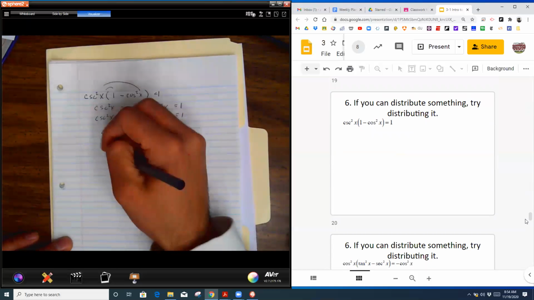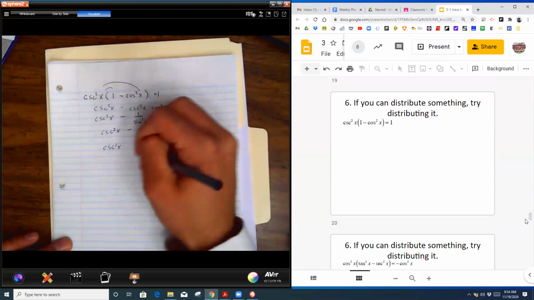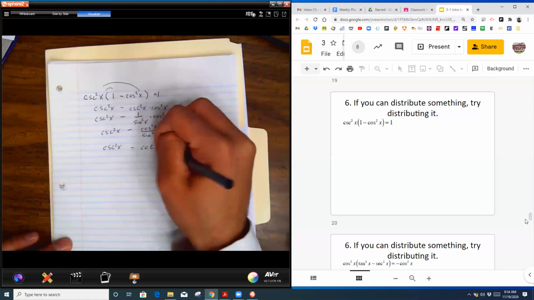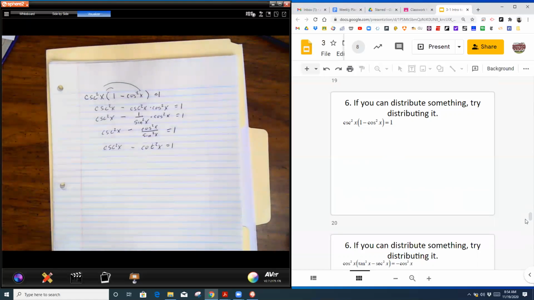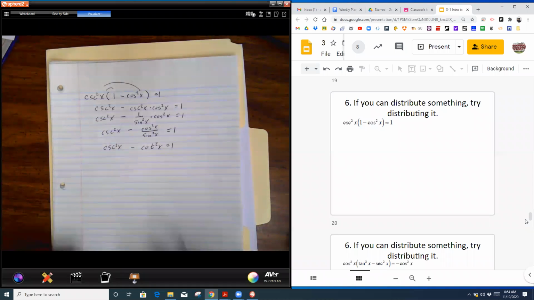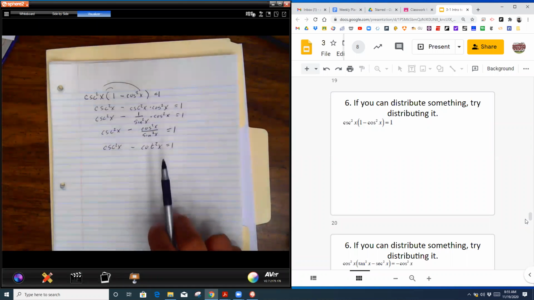So that's going to be cotangent squared. And we don't want to cross an equal sign. So you don't want to add cotangent squared to both sides because we can't assume that both sides are equal.